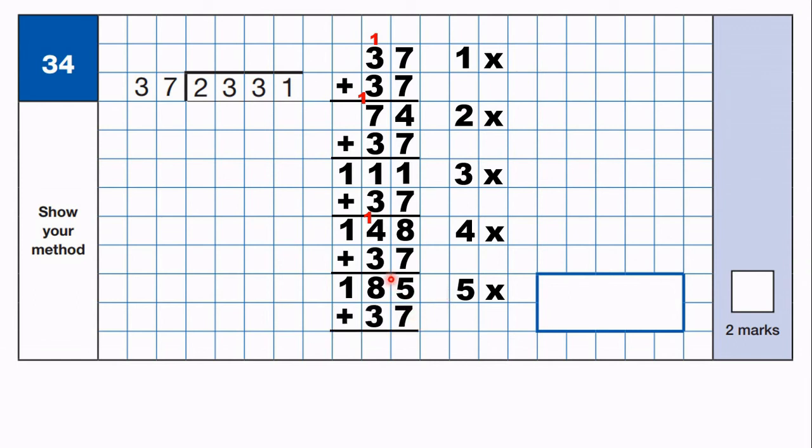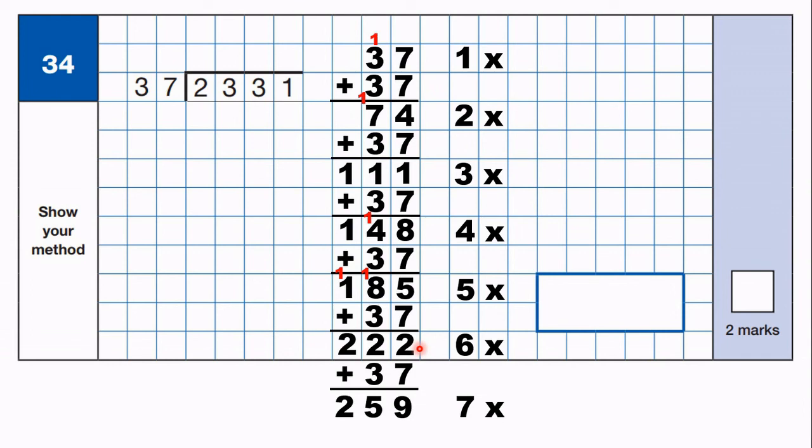If we add another 37, we get 222 for 6 times. And because that's close to 233, we don't really need to work out 7 times. But if we added another 37, we would get 259 for 7 times.